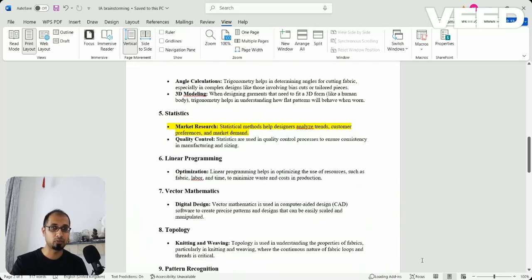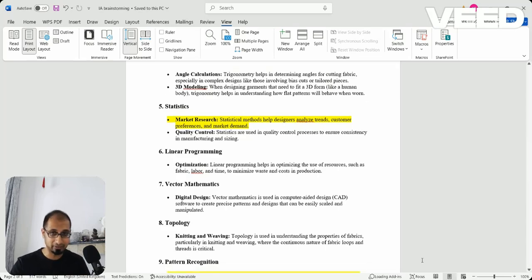But the next one, which was interesting for the person, because it was a discussion between the teacher and the student, was the market research. So statistical methods that help designers analyze trends, customer preferences, and market demand. So that's another math method which was interesting.